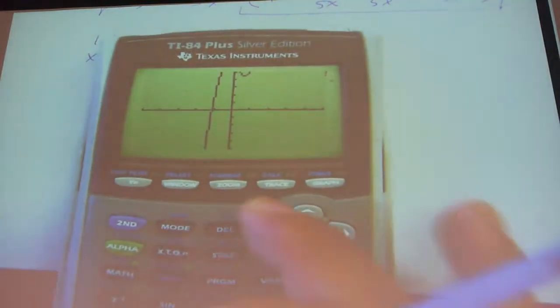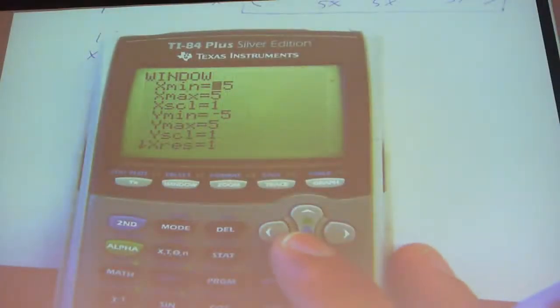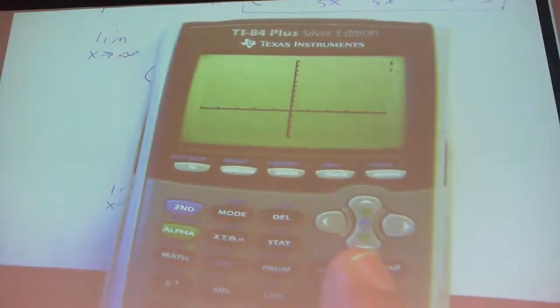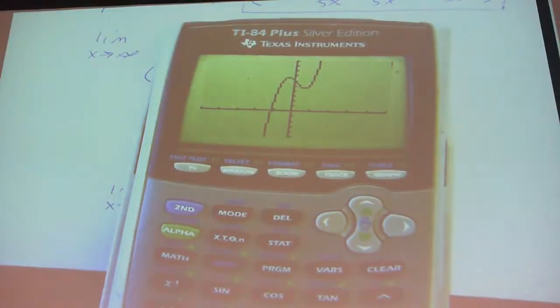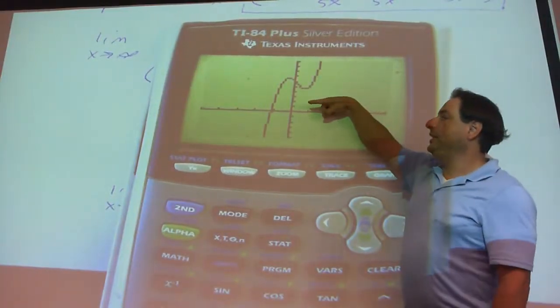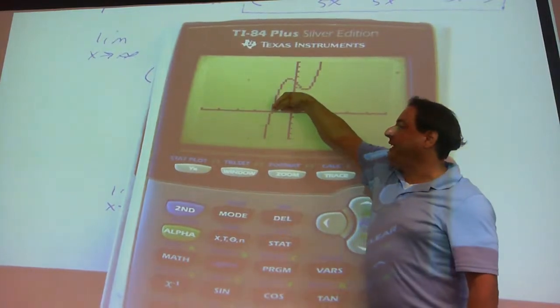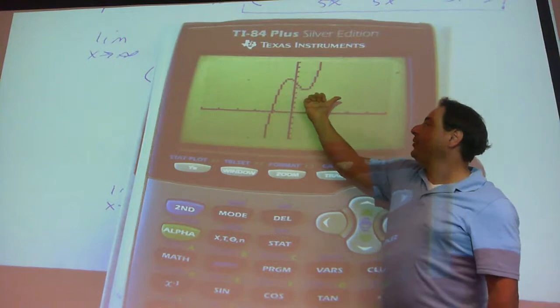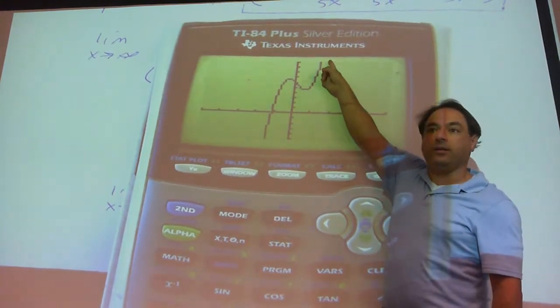Here's a graph of the function. And what is it telling me? As we go to negative infinity, where is this going? Down to negative infinity. As we go to positive infinity, where is this going?